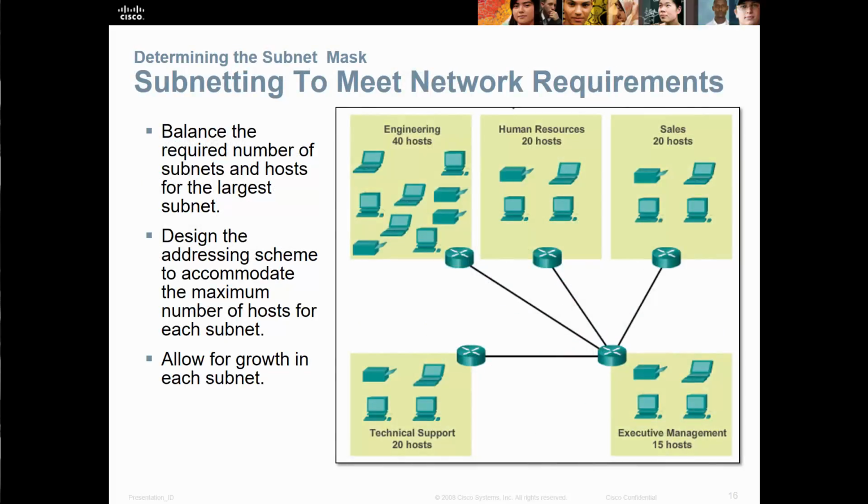So, subnetting to meet network requirements, you'll notice that sometimes our networks may vary. Sometimes we're going to have different subnets depending on different requirements. Here we have 40 hosts, 20 hosts, 20 hosts, 20 hosts, 15 hosts. Well, the network that will manage the 20, 20, and 20, and probably the 15, is going to be different from the network that manages the 40.